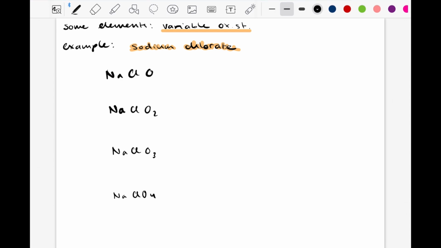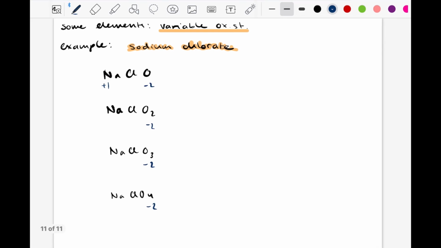And think back to the previous slides. We know that oxygen always has an oxidation state of -2 unless it's in a peroxide, but none of these are peroxides. And we also know that whenever there's somewhat of an ionic compound, the ion will have its own charge, and in this case, the ionic compound is between chlorate and sodium, so sodium will always have a +1 charge.